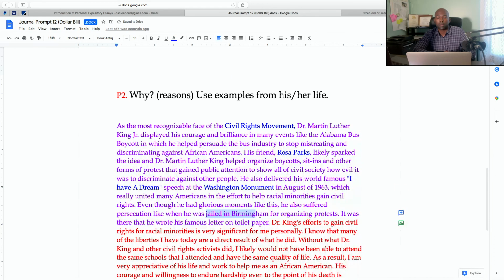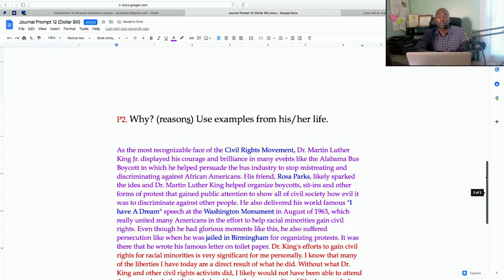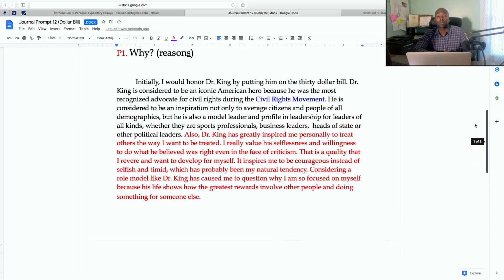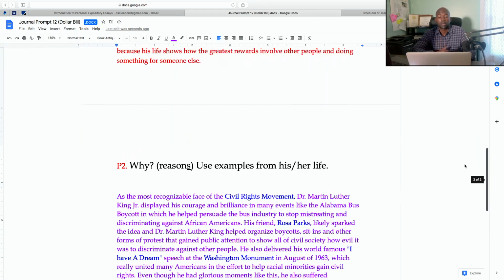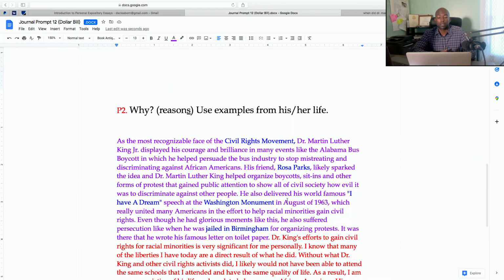Okay, these are specific references, and so that's what I mean when I say be specific. Use some specific references to things, some names of people, places, things, titles.